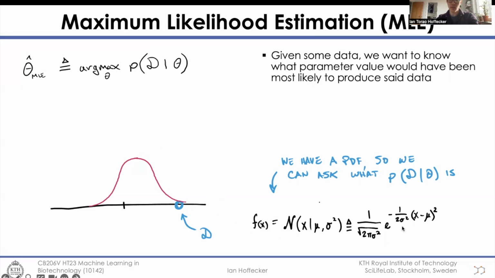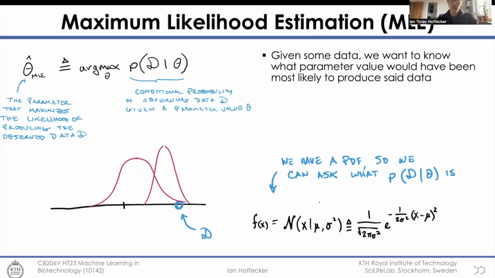Let's say it's the normal distribution, Gaussian, and the Gaussian takes some parameters, mu and sigma squared, the mean and variance. If we fiddle with these parameters, we can move this distribution around and change its width. Some distributions, in other words some parameters, are going to be more or less likely to have generated our piece of data here.